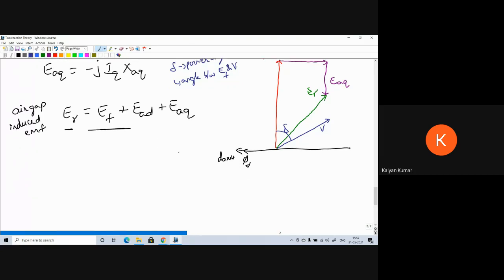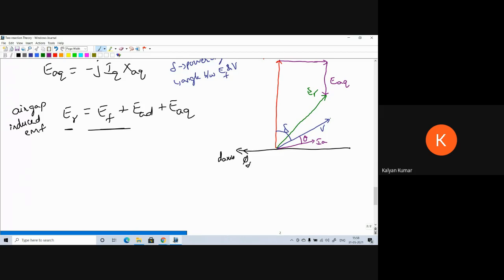Now, if you subtract the armature resistance drop and leakage reactance drop from Er, we will get V. So, if you take armature current Ia, and theta is the power factor angle, then it is the angle between V and Ia.